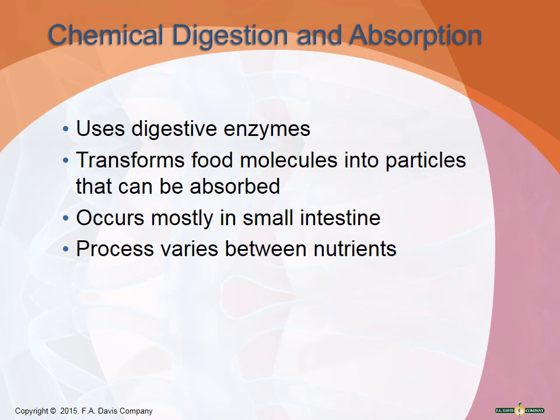So, chemical digestion and absorption: there are enzymes that we talked about, amylase for carbohydrates, proteinase, and what happens via chemical digestion is that food particles are broken down into smaller and smaller pieces that can then be absorbed in the small intestine.